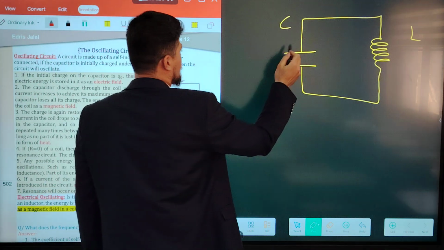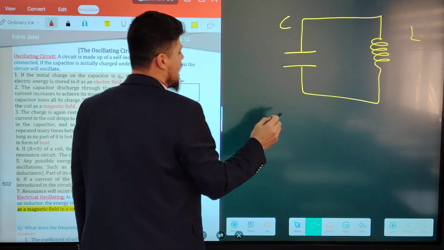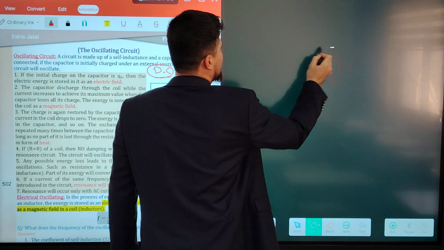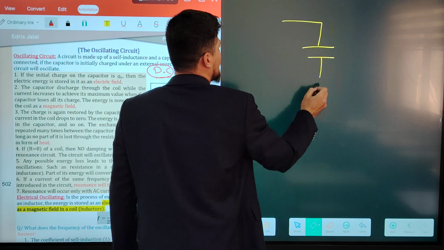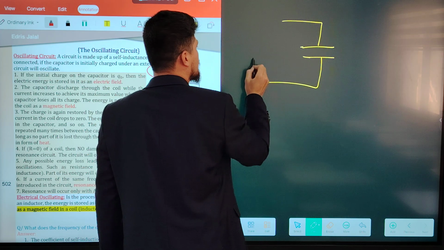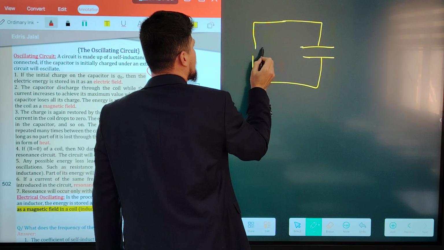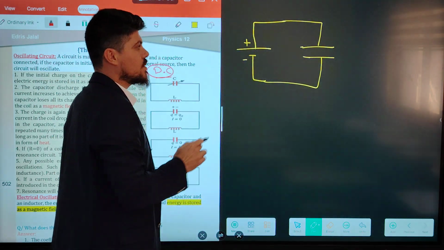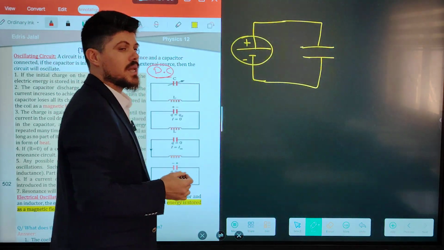But at first we have to charge the capacitor by connecting it with a DC source. This is positive and negative. This source is a DC source, like a battery.